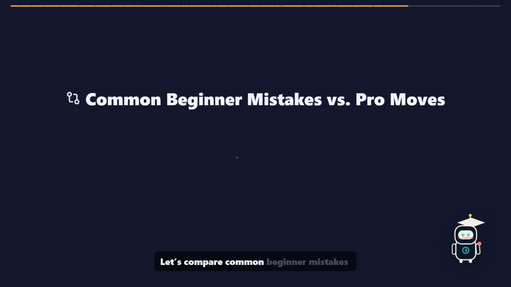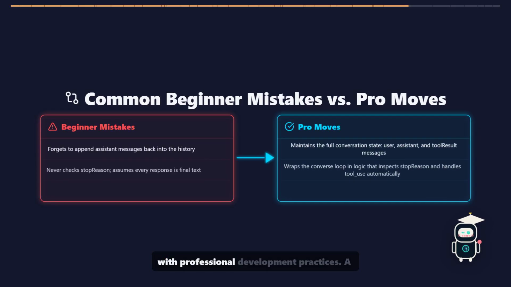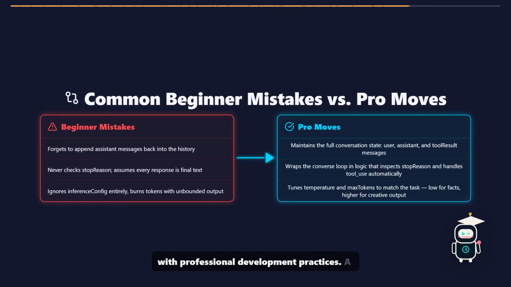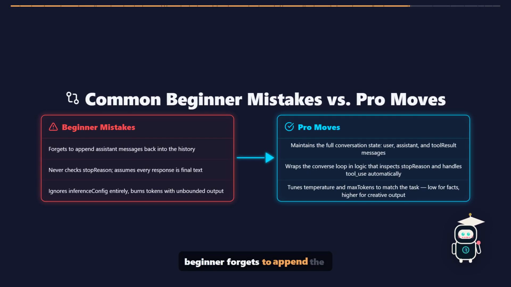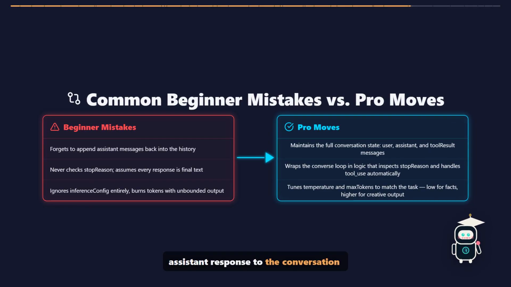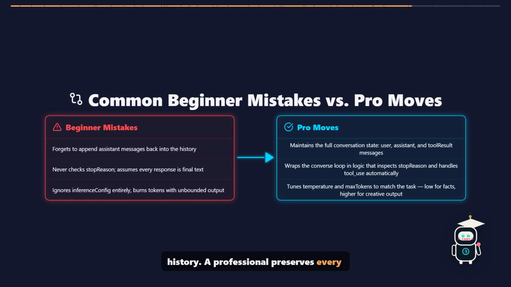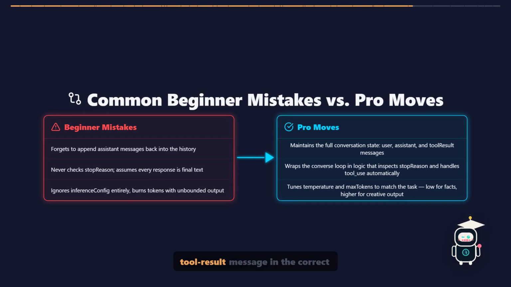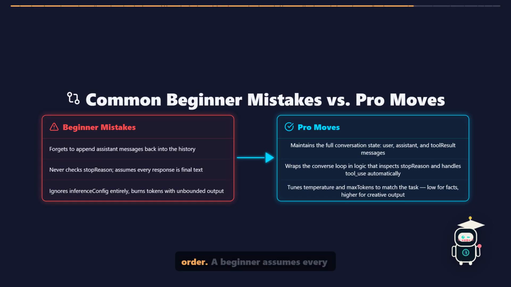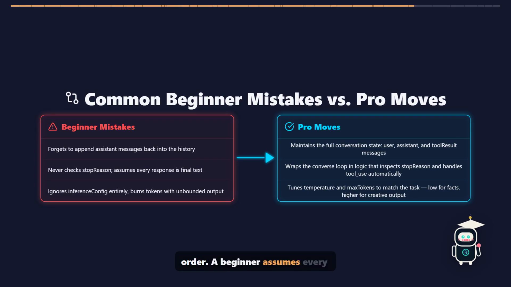Let's compare common beginner mistakes with professional development practices. A beginner forgets to append the assistant response to the conversation history. A professional preserves every required user, assistant, tool request, and tool result message in the correct order. A beginner assumes every response contains text.